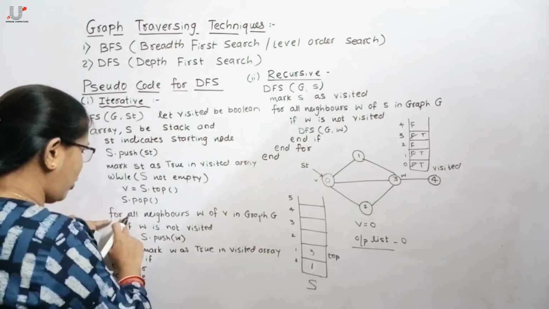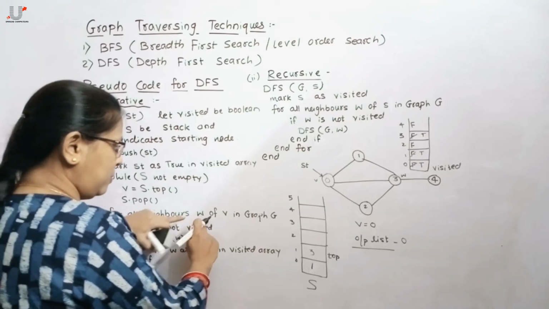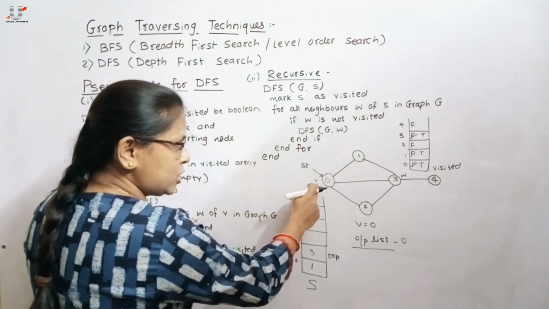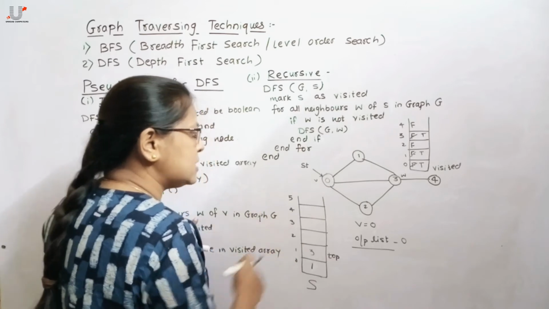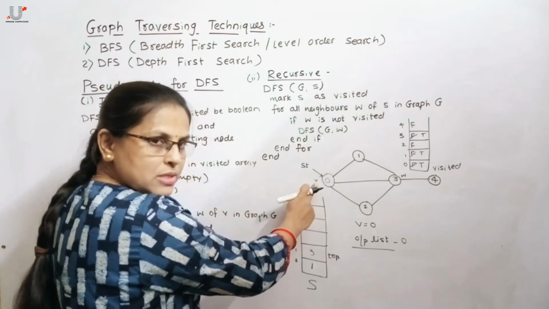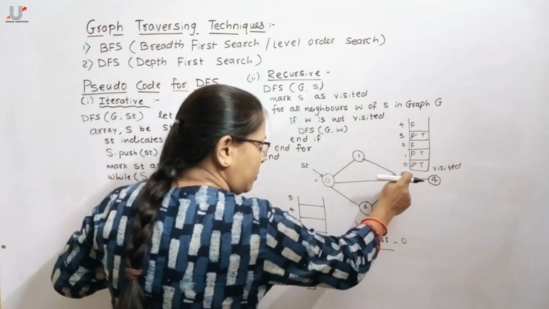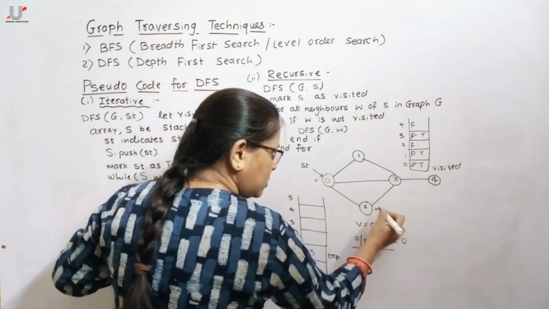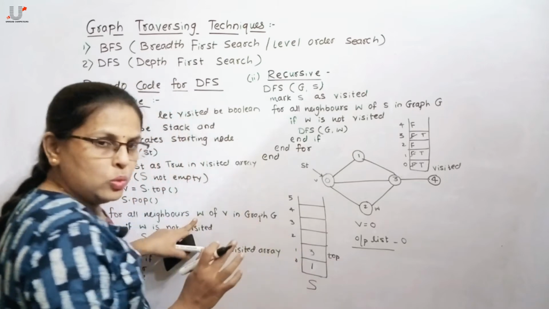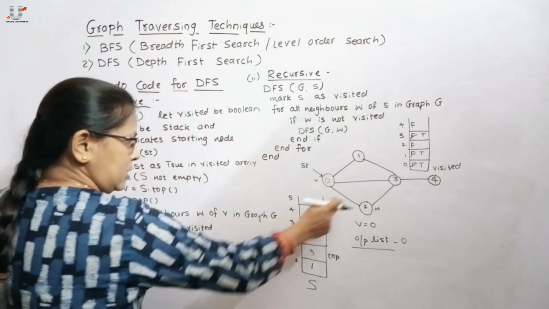Then again, for all the neighbors w of v, check: is there any unvisited vertex remaining for this 0? Yes, it is 2. So w is pointing to that 2 in the graph.